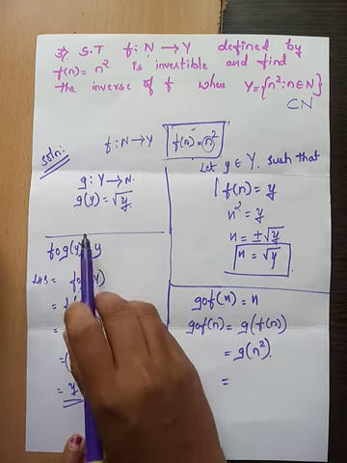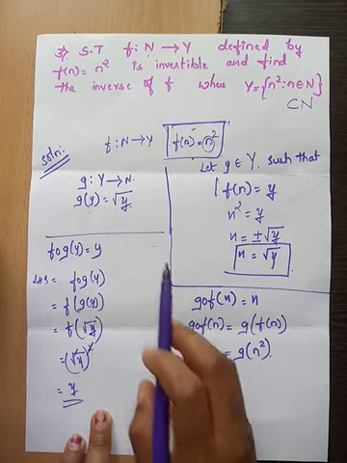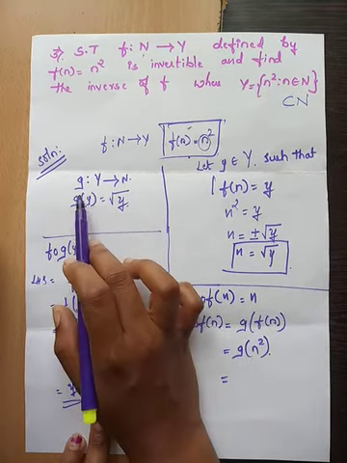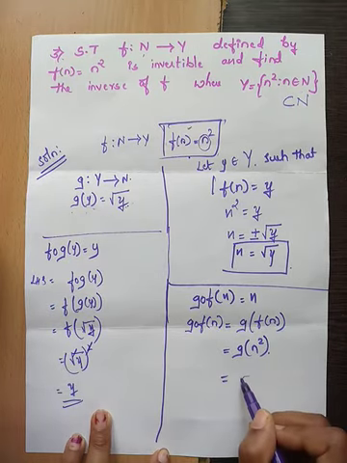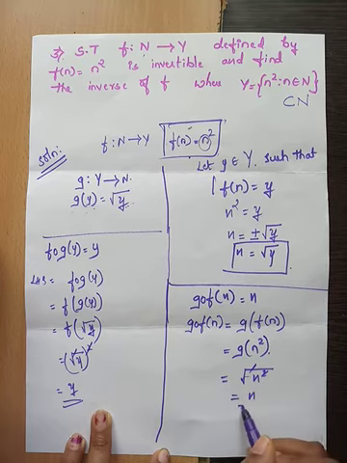We know that g of y is root y. So, instead of y I have n square. Wherever I find y in this expression, I have to replace it by n square. So, it was root of y, now it is root of n square. Square and root get cancelled. So, you will be remaining with n.